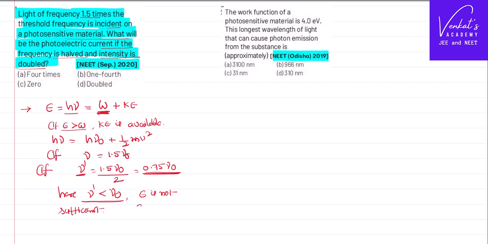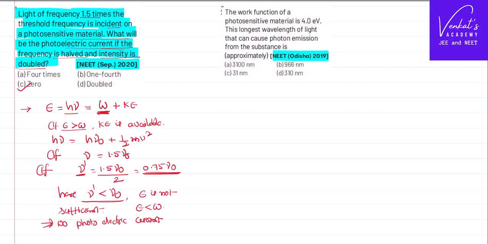That means incident energy is less than work function, so there is no photoelectric effect. No photoelectric current is emitted. So the photoelectric current will be 0.